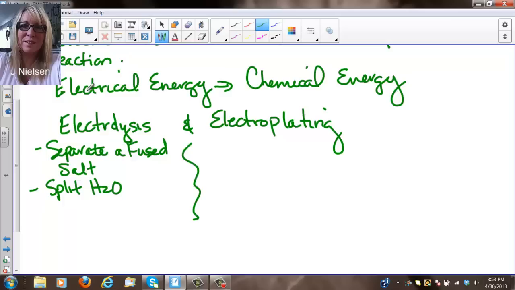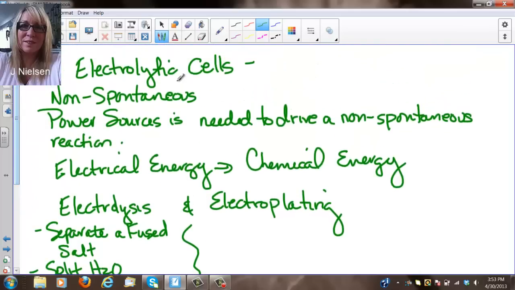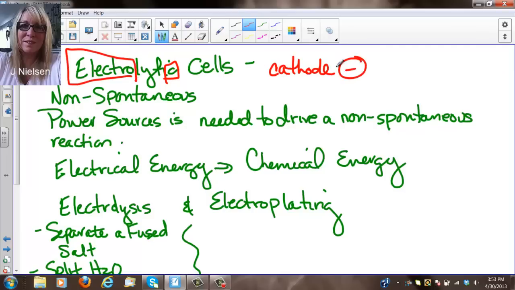You have to remember that in electrolytic cells, electrolytic ends in C for cathode and begins with electro, which reminds me of electron, is negative. So you have to remember that the cathode is negative, which means that the anode is positive.